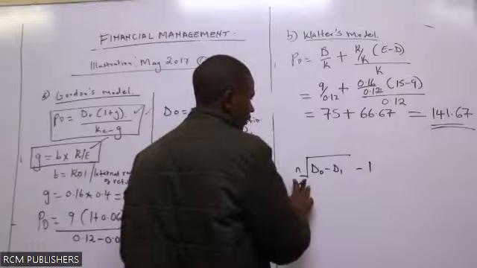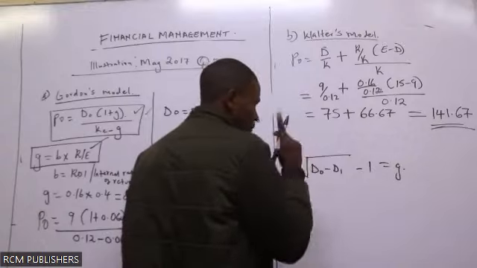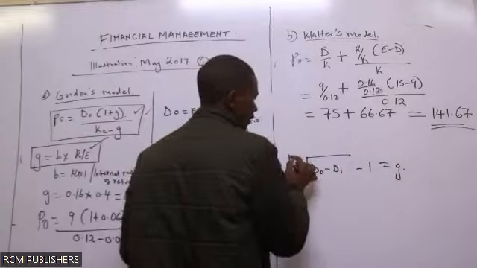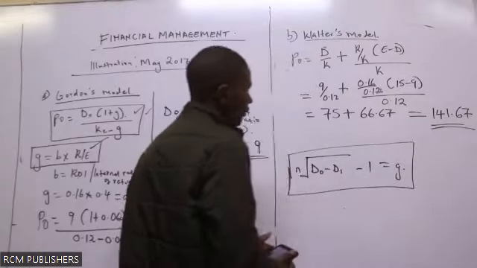This helps you to get G. So there are two formulas for getting your G, the growth rate.